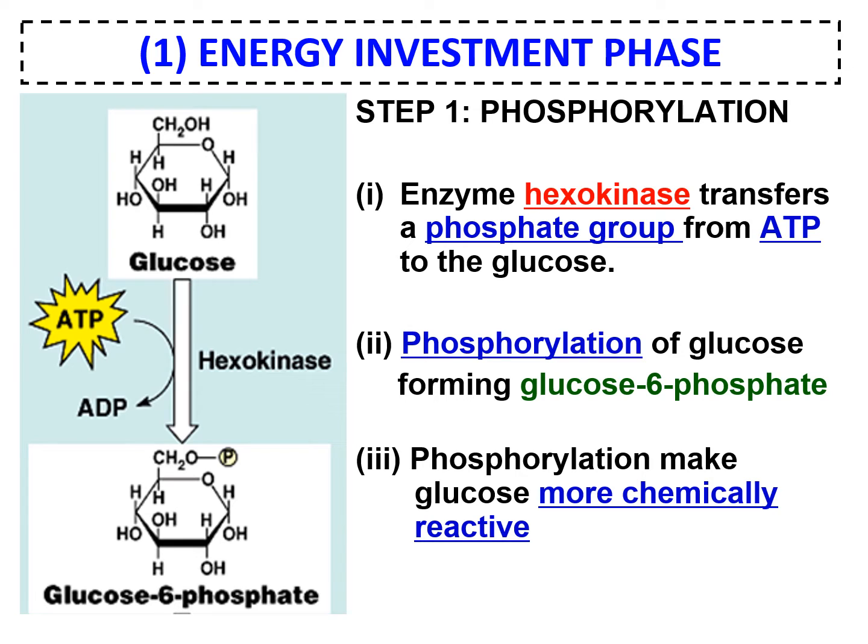Okay, the explanation during each step. During phosphorylation, the enzyme hexokinase transfers a phosphate group from ATP to the glucose, forming glucose 6-phosphate.